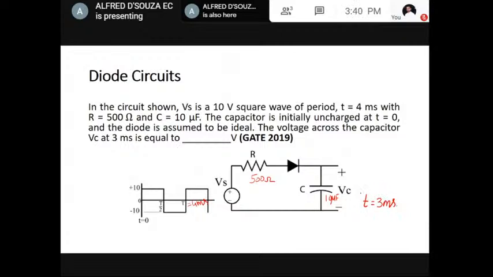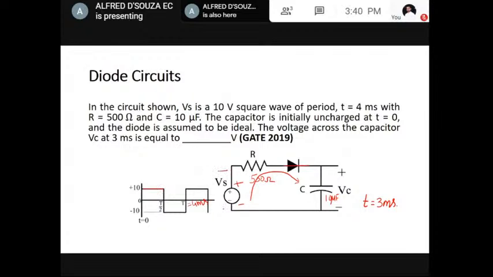Okay, so first important thing, during the positive half cycle, the diode is forward biased and the capacitor charges to some maximum value. This is a square wave, and after T by 2 seconds, the polarity will change.